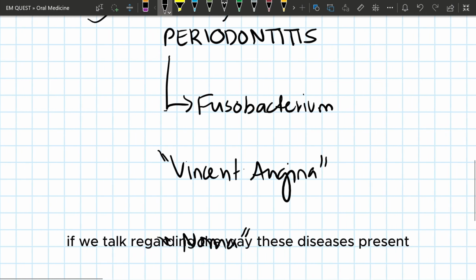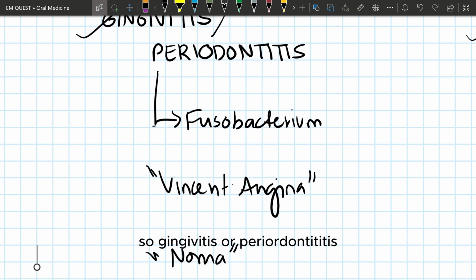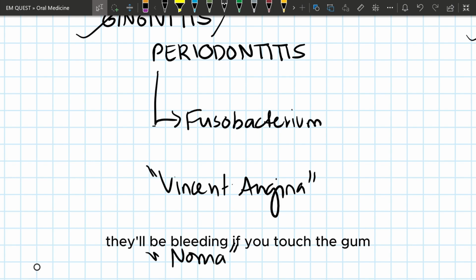As for the way these diseases present, gingivitis or periodontitis will present with swollen or tender gingiva. There will be bleeding if you touch the gum, and there will definitely be a bad-smelling mouth. If the condition is very severe, we can even see patients presenting with fever and malaise.